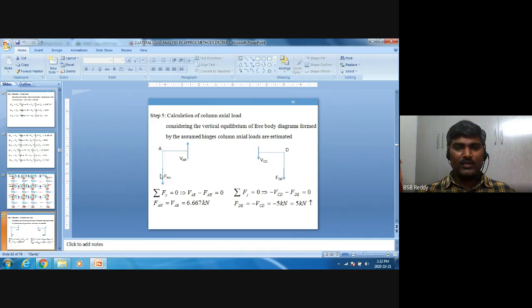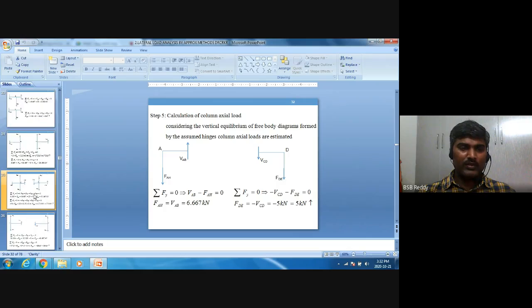of a more easy way of transferring the direction of axial load from one half of the column to the other half of the column. Once you get the value of that particular column axial load, you draw it in the diagram.